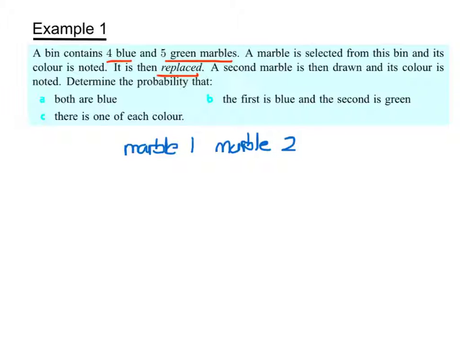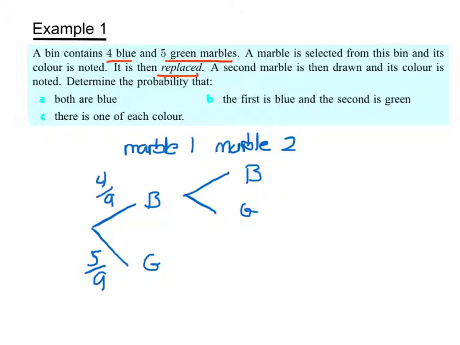Now our options for the first marble are blue and green. And the probability of drawing a blue marble is 4 out of 9. And the probability of drawing a green marble is 5 out of 9. Now the second marble can either be blue or green in both cases.